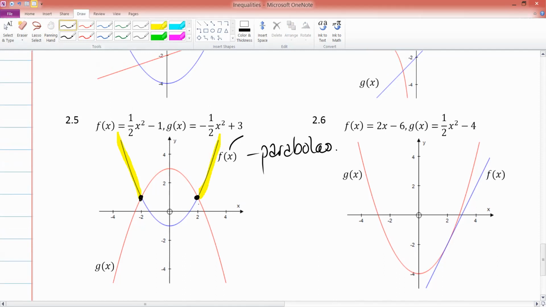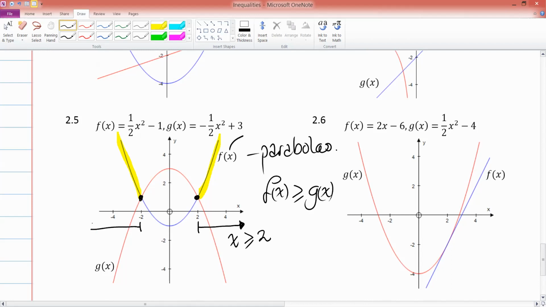Now your answer, look, it's going to be everything going which way? That way on the number line. So x is greater than 2. But remember, the inequality had an equal sign, so we must also put an equal sign here. Then for the other side, it's everything going which way?